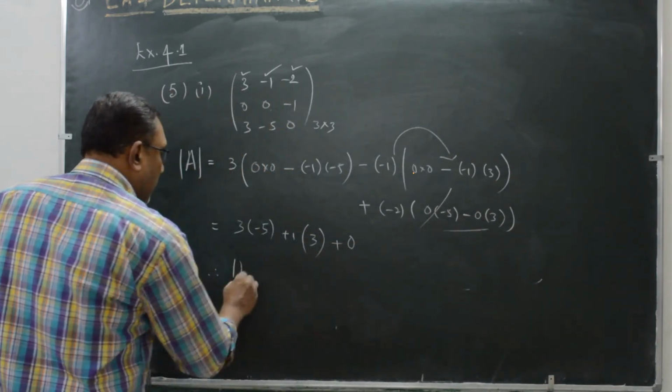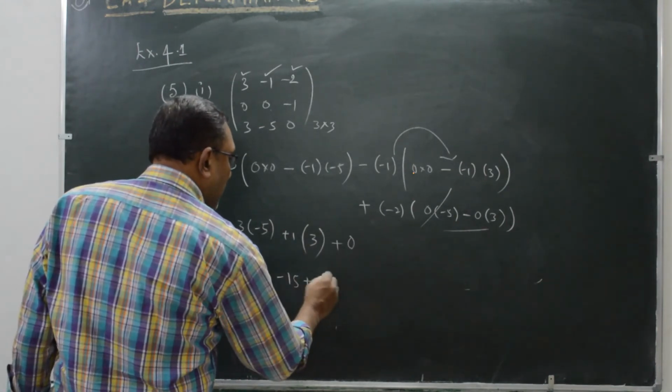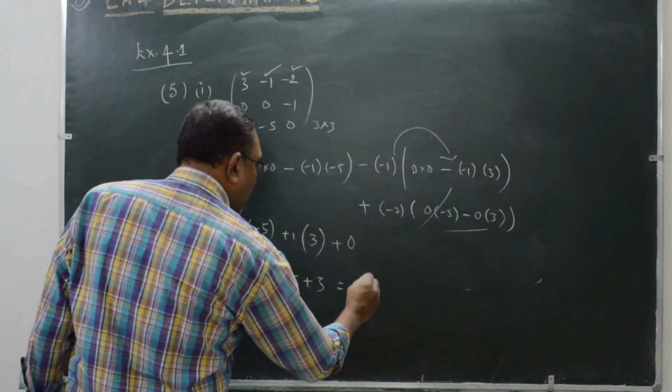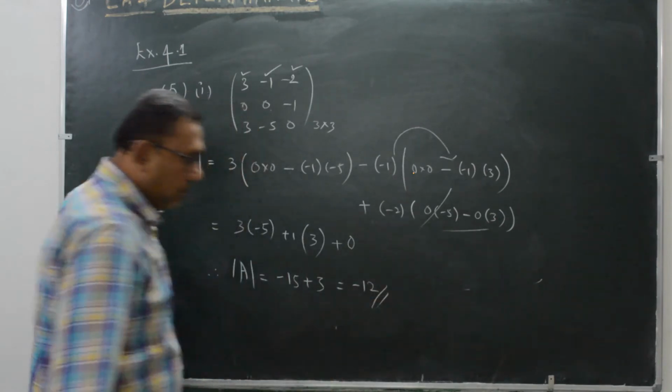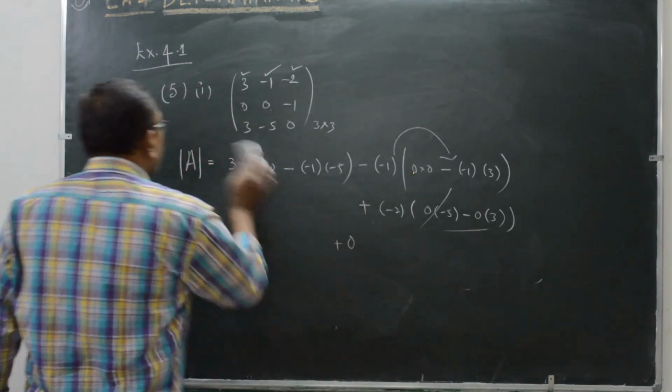Therefore, it is equal to minus 15 plus 3, which will be minus 12, right. This is the value of the determinant for this particular matrix.